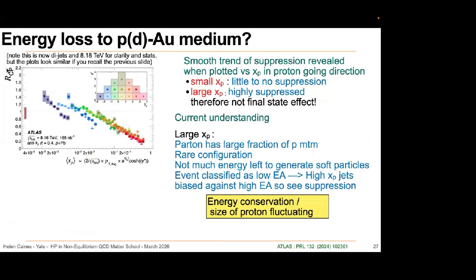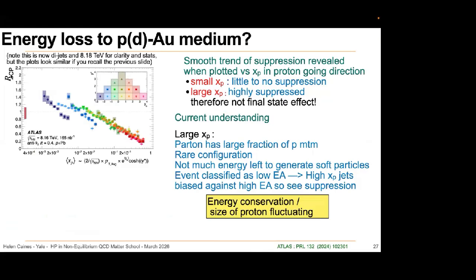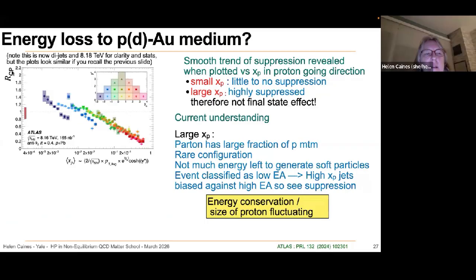So this is what's happening here. They're measuring the RCP, so we talk about central to peripheral. In pA collisions, it's not clear that the centrality is the same as the geometry in AA, but central basically means high event activity, and peripheral low event activity.